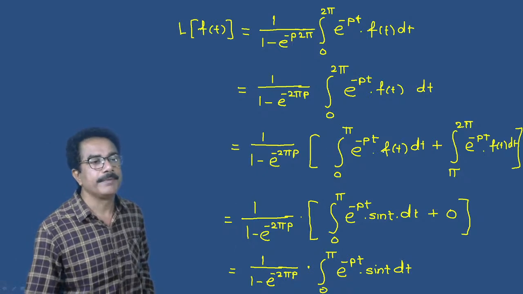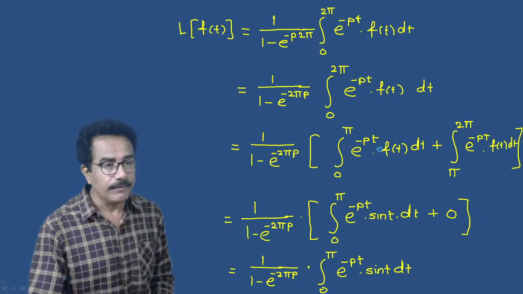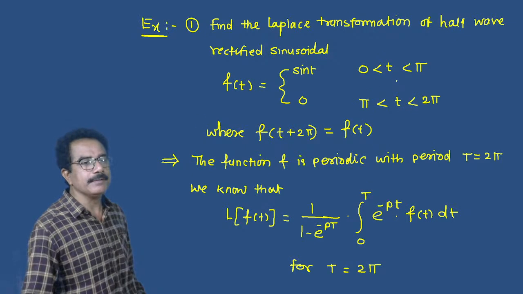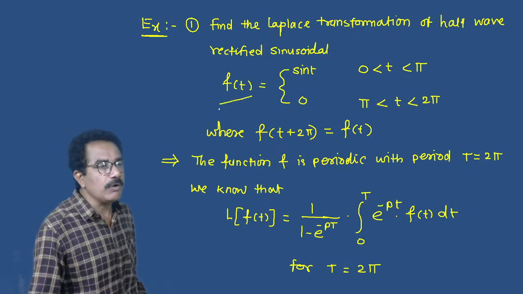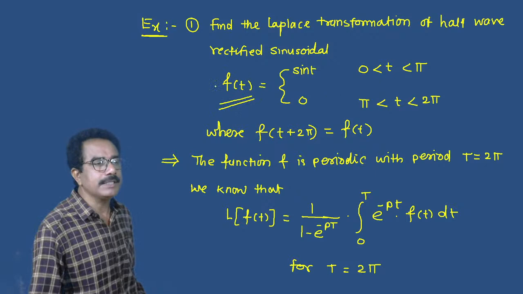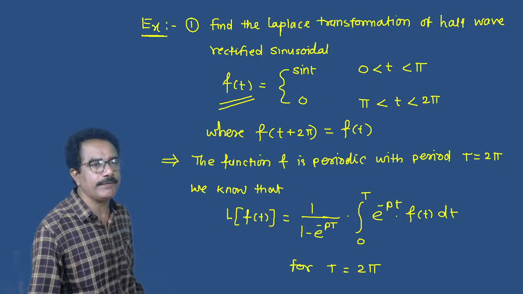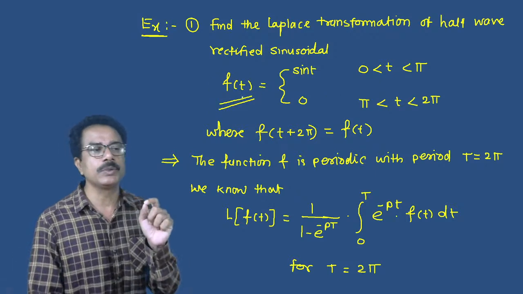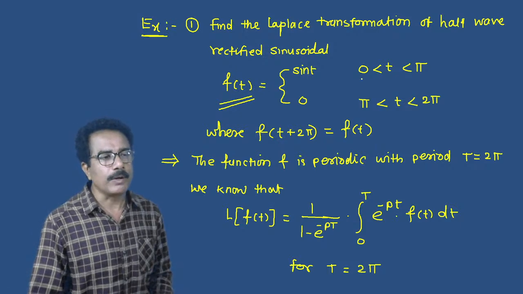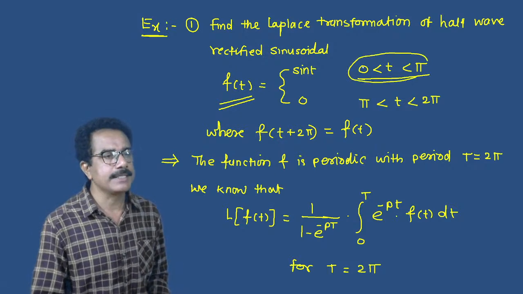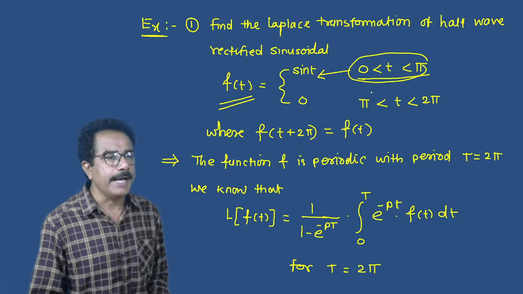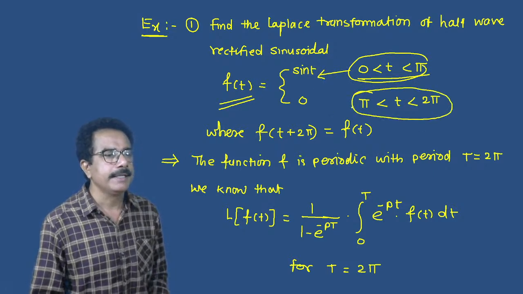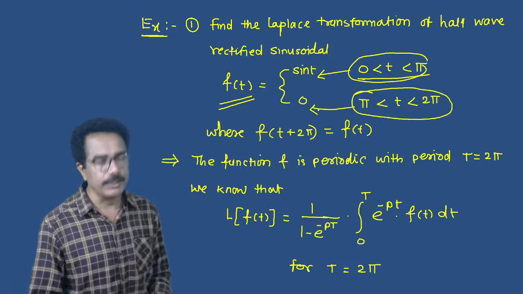0 to pi. Actually, in the problem, according to the definition of this function f of t, this function has two different values. From 0 to pi, it has sin t, and from pi to 2 pi, it has 0.